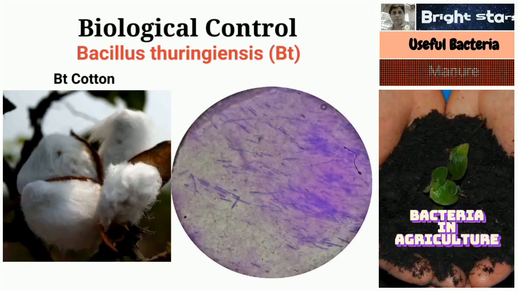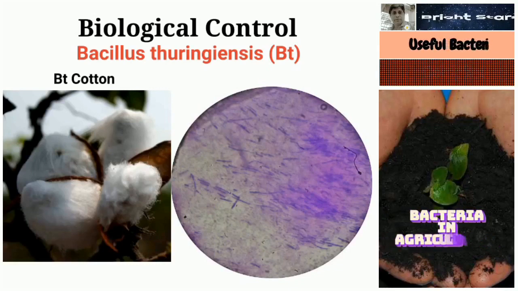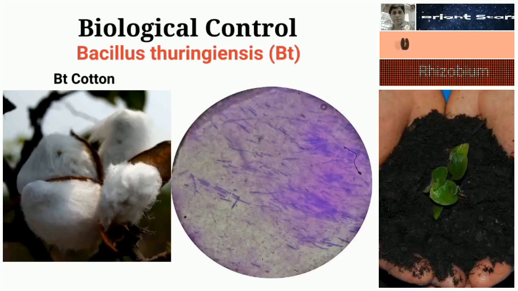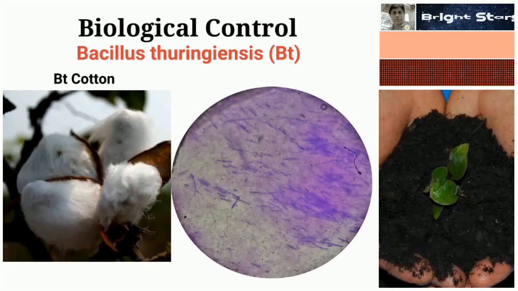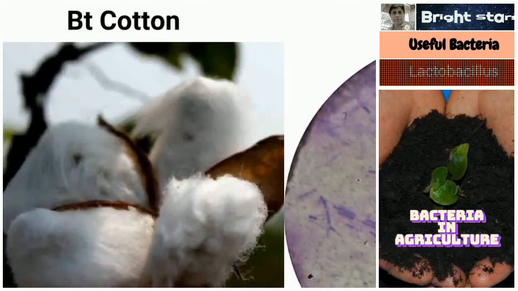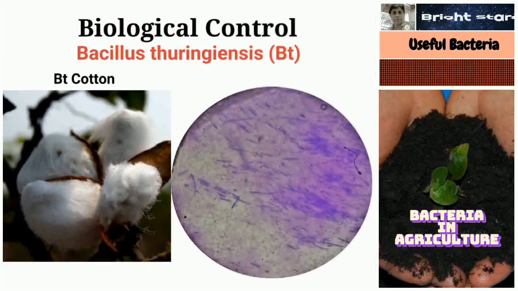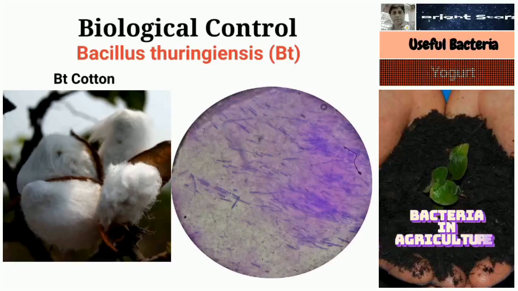From this Bacillus thuringiensis, we transfer resistance genes from one kind of plant to another plant, and we produce different kinds of genetically modified crops. For example, BT cotton, that is Bacillus thuringiensis. This is useful to control bollworm, the very dangerous pest on a cotton crop.